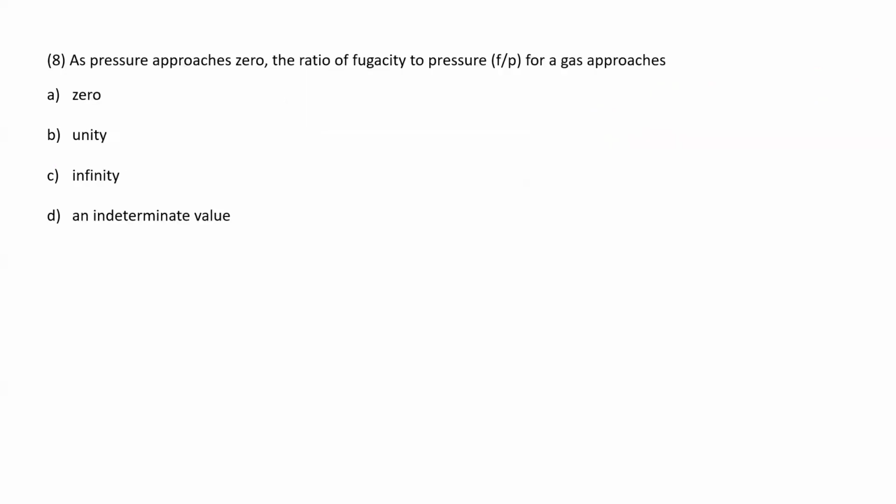Now, as pressure approaches 0, the ratio of fugacity to pressure for a gas approaches what? You might be thinking F by P, with pressure tending to 0, tends to infinity. But it doesn't, because F also becomes equal to P. When pressure tends to 0, it behaves as an ideal gas system, right? That's why it will go to unity.